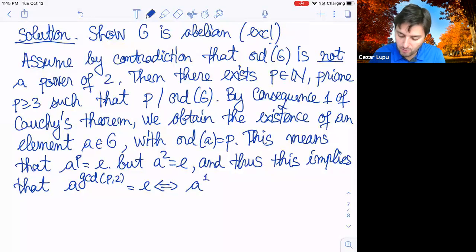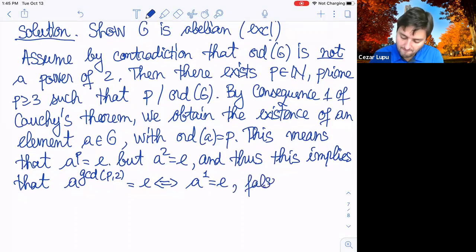So A to the power 1 is E, so this means that A is the identity. That's false. It cannot be, right? The identity.